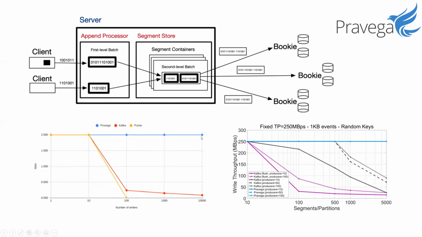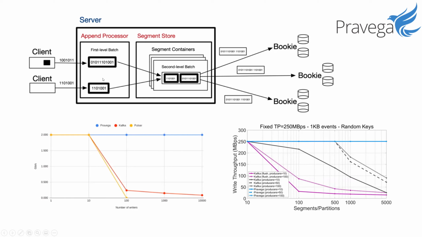As well, Pravega can maintain consistent throughput rates as we add more partitions, or as we call them, segments. We can see the other systems degrade as these factors are increased.